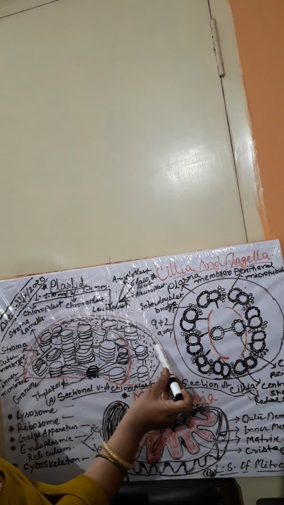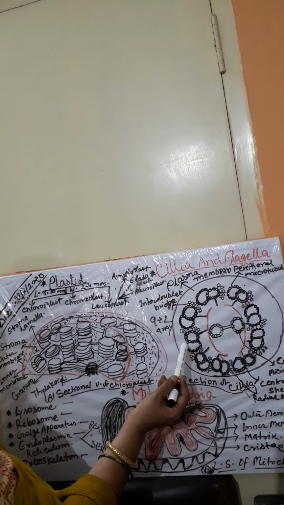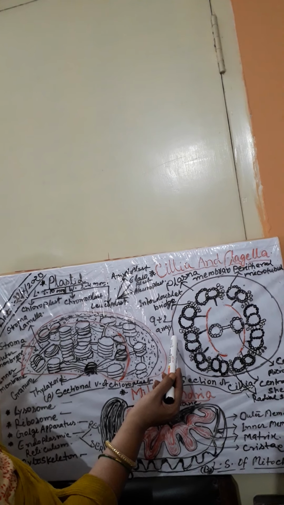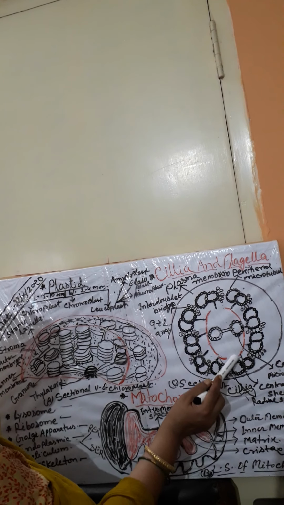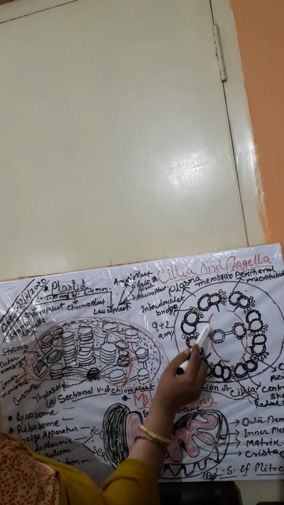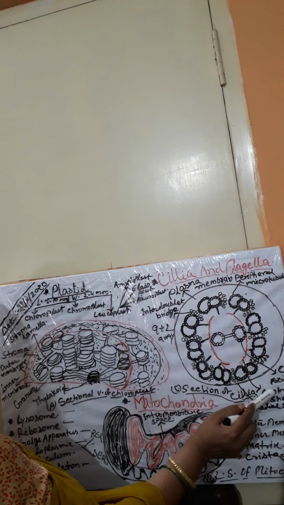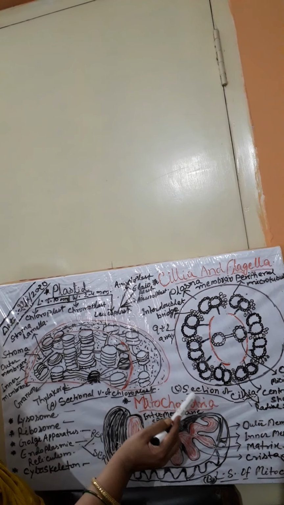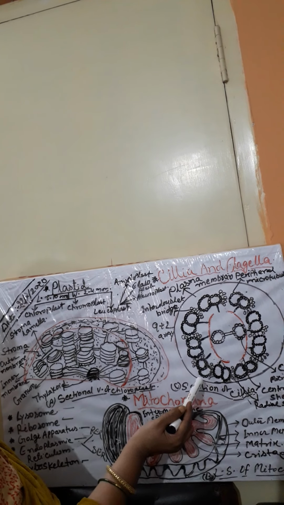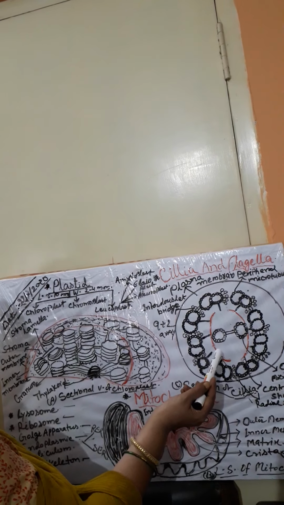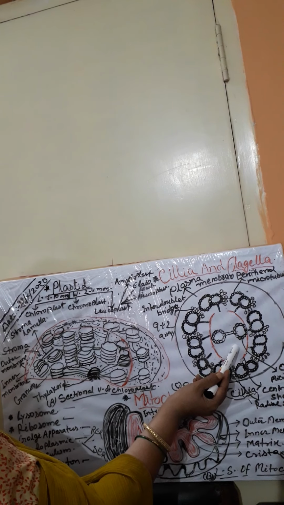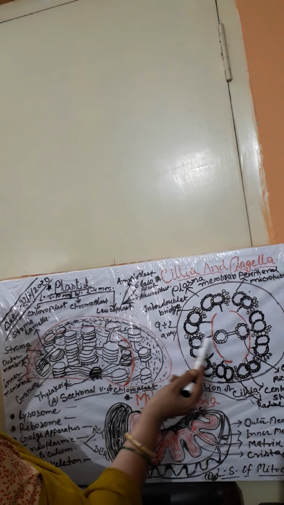The central tubules are connected by a bridge and are also enclosed by a central sheath, which is connected to one of the tubules of each peripheral doublet by a radial spoke.